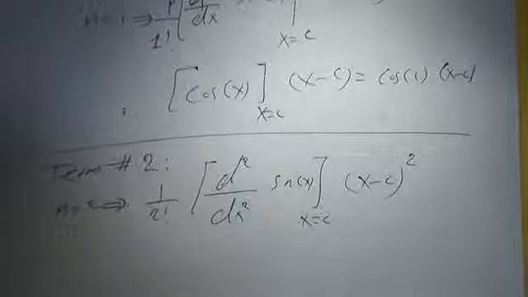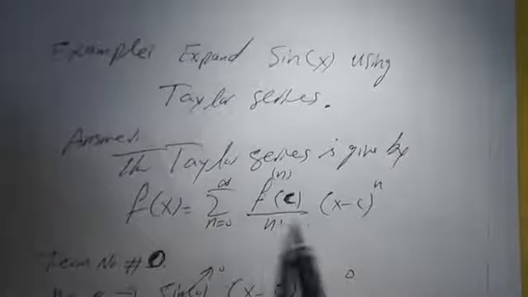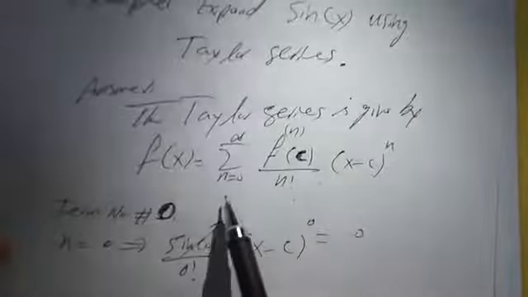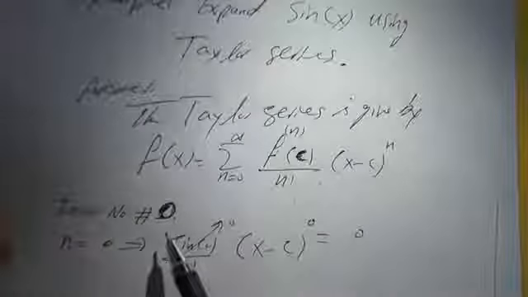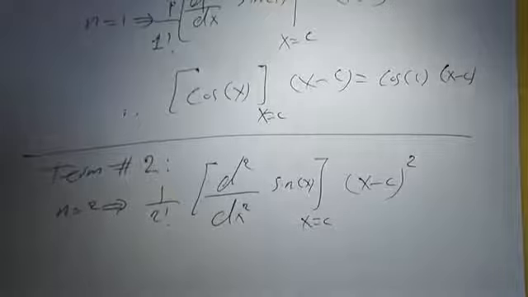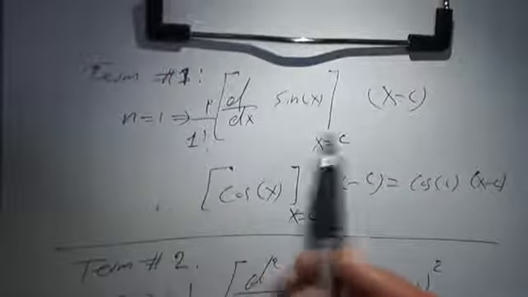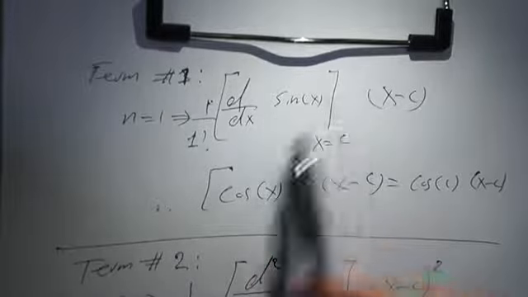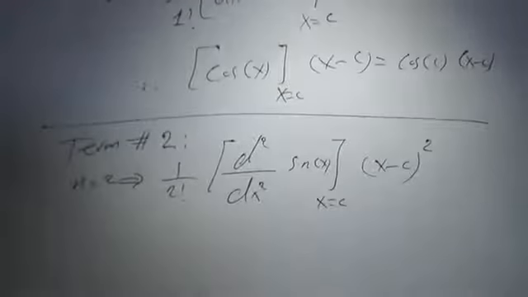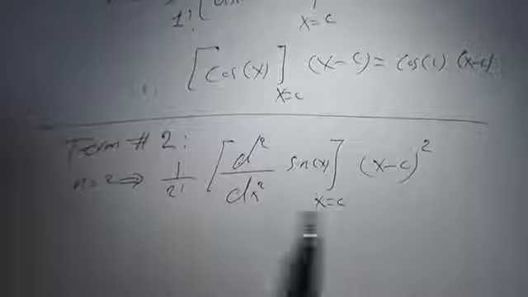We remember that we are trying to find the terms of this series: we started with n equals 0 with this term, when n equals 1 you found this term, and when n equals 2 we're trying to find this term.